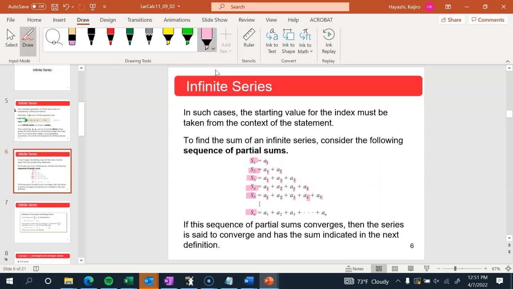And so the nth partial sum is, of course, the first n terms. So if these partial sums eventually go towards something, then the series converges.